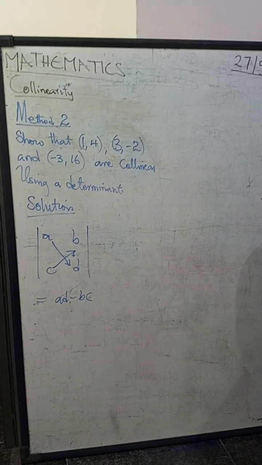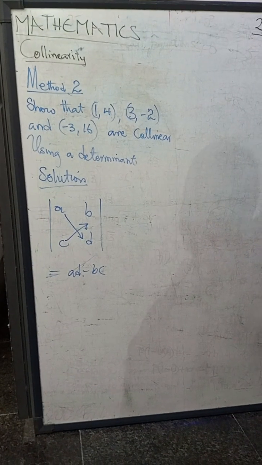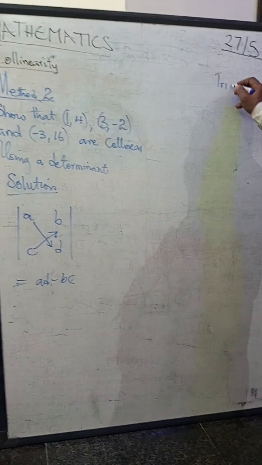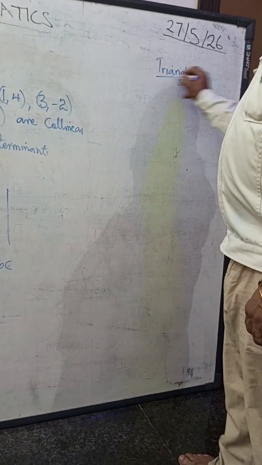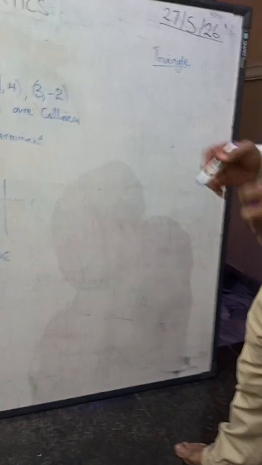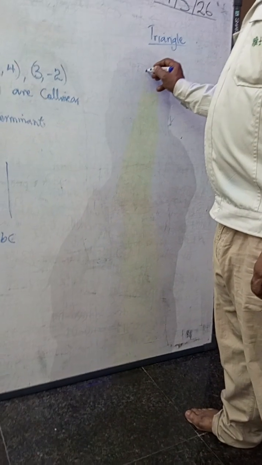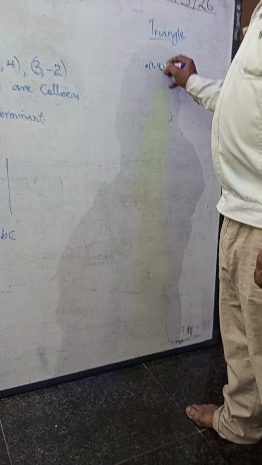To find the area of a triangle formed by these 3 points, let's get the triangle first out. Remember that a triangle is a geometrical shape that has 3 points and 3 angles. So we will have, let me call these the first point that has the coordinates 1, comma 4.